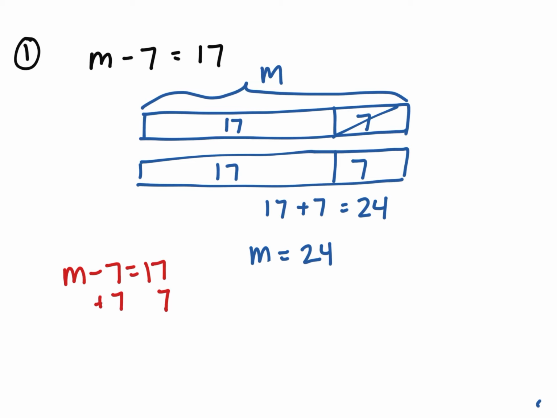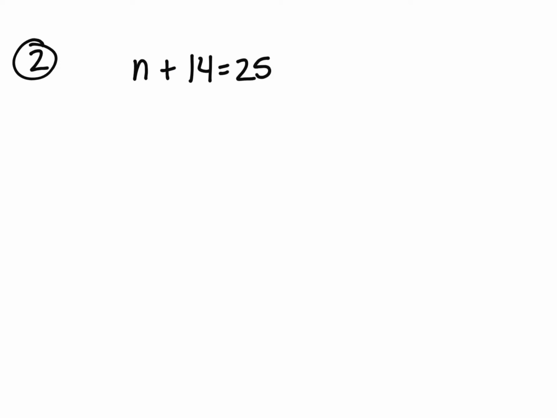When we do that, we have to change the sign. We flip them over. So they leave this side, and we're left with M, and they move over to this side over here. 17 plus 7 is 24, which is what we got when we did it using the tape diagrams.